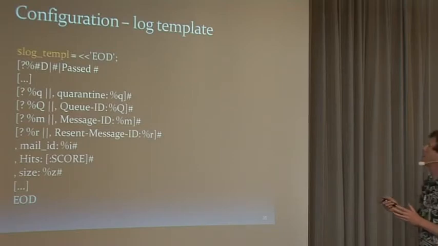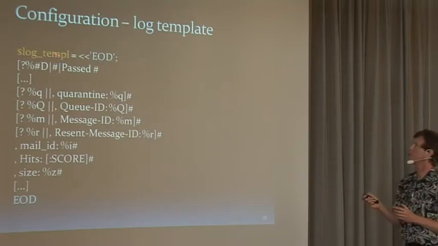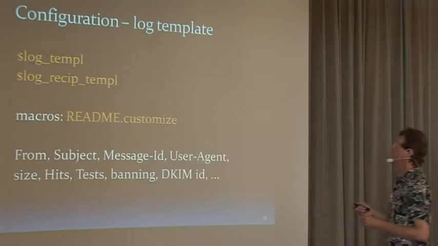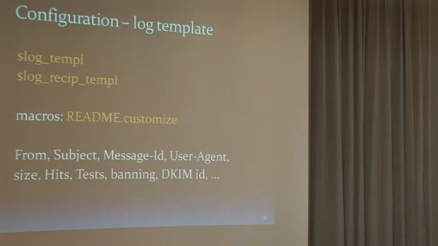I won't go into detail, but it is possible to configure what goes into the main log entry. It's a macro. It's rather obscure syntax, but it's a true macro processor. It can produce things like author address, subject, message ID, user agent, mail size, Spam Assassin score, list of Spam Assassin hits, which rules we're banning, domain keys ID.